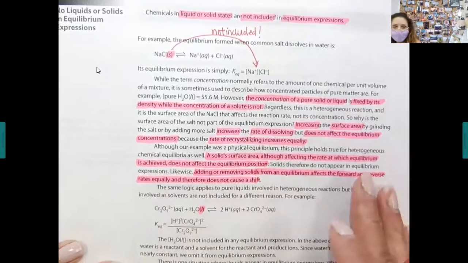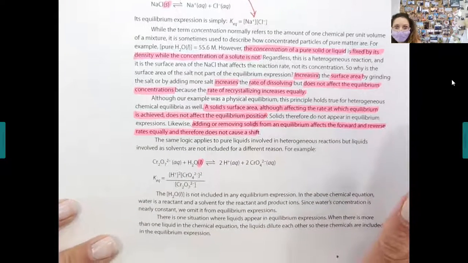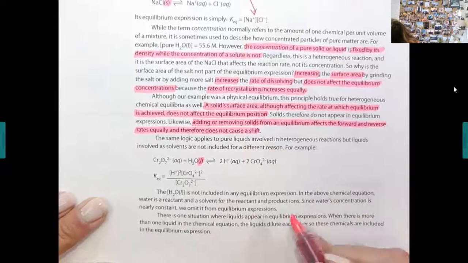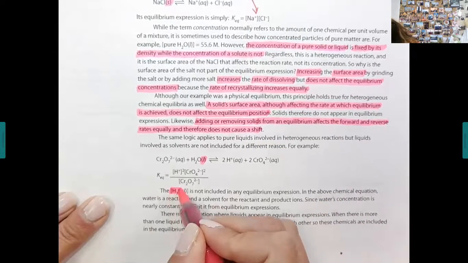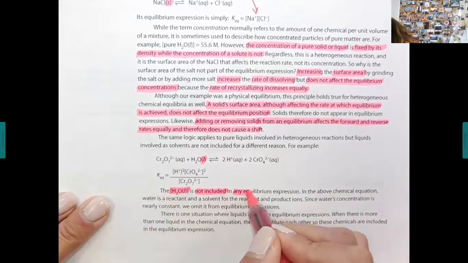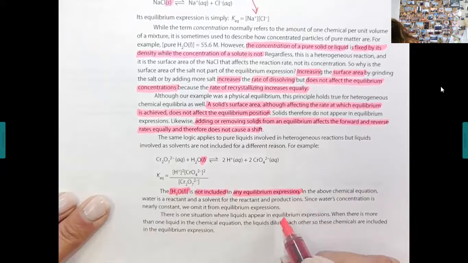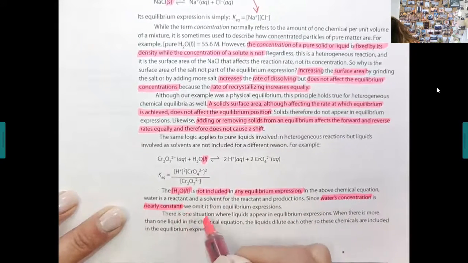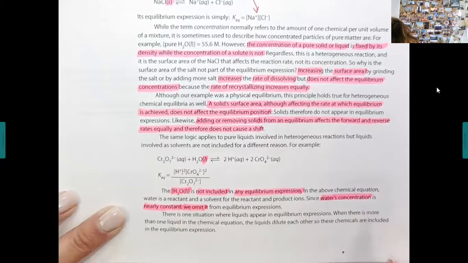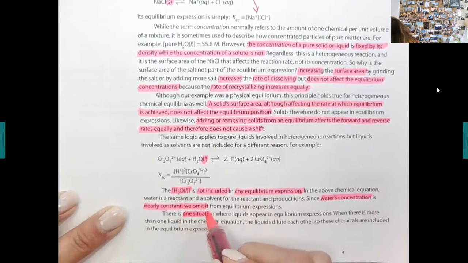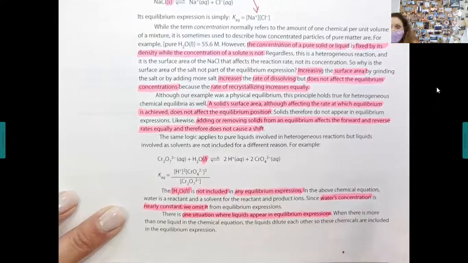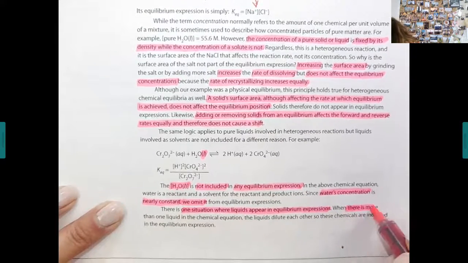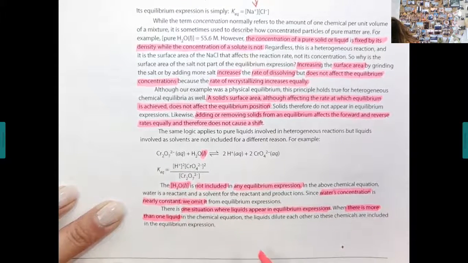If we're looking at liquids down here, H2O liquid is not included in any equilibrium expression. Water's concentration is nearly constant, so that's why we omit it. There is one situation where liquids appear in equilibrium expressions: when there is more than one liquid in the chemical equation.